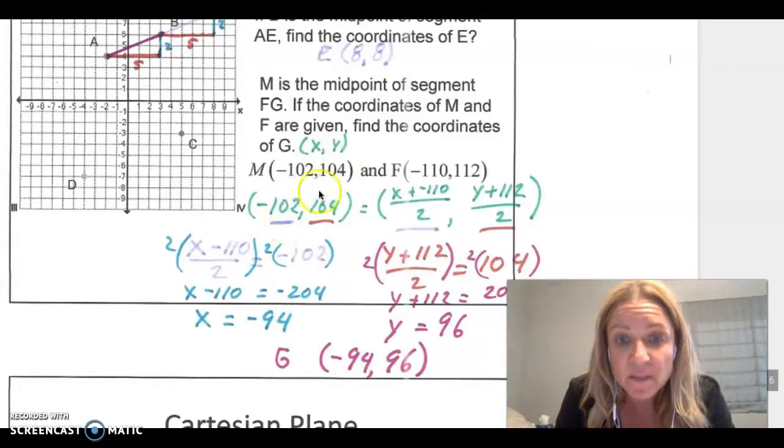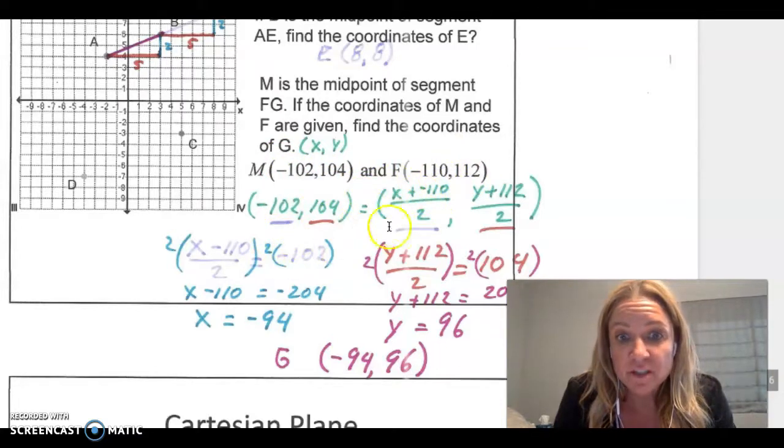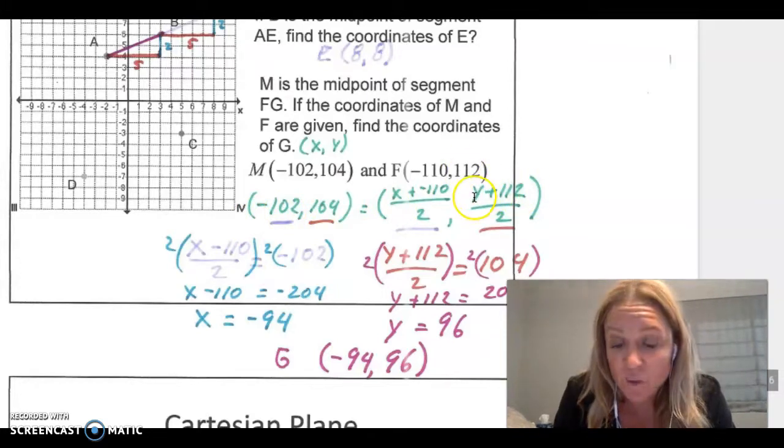M is the midpoint and F is one of the endpoints. So we're going to say that F, which is the -110, plus the other endpoint that we don't know, we'll call it x in this case, divided by 2 is going to be equal to -102. And the y, 112, plus the other y, which we don't know, so we'll call it y, divided by 2 is going to be equal to the 104.